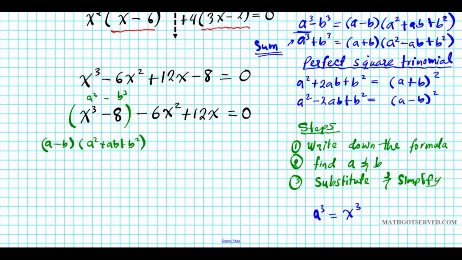Now let's simplify that. How do you get a by itself? You use the inverse of cube, which is cube root. So you take the cube root of both sides. And what do we find out? We find out that a is equal to x. Cube and cube root are inverse operations, so they cancel each other out.